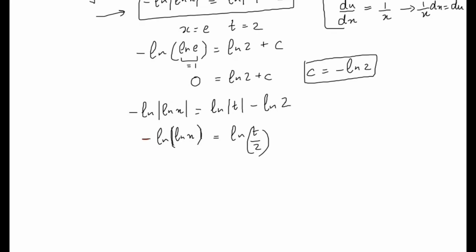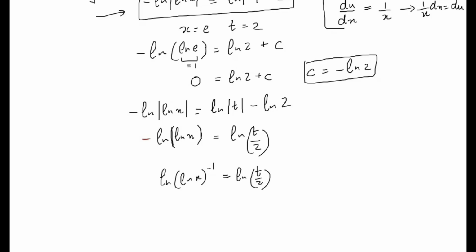Right, so now, since both are logs, the negative sign we can take inside actually. So log of log x to the power of minus 1 is equal to log of t by 2.